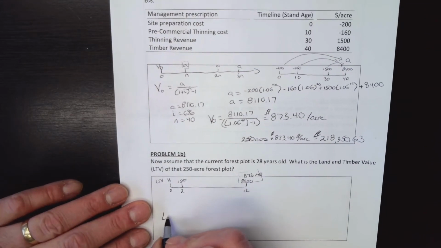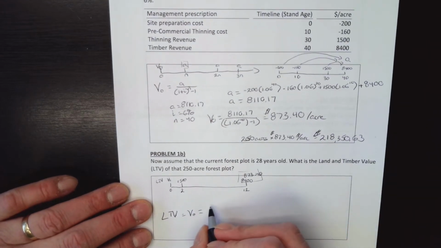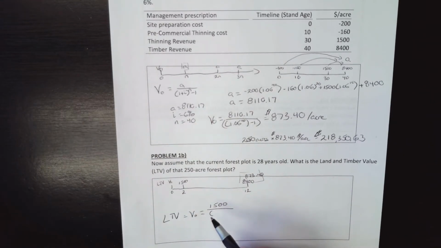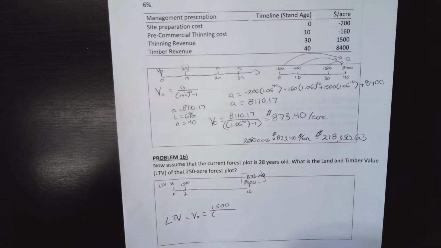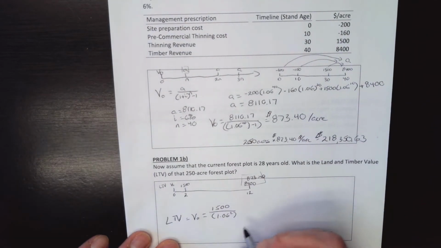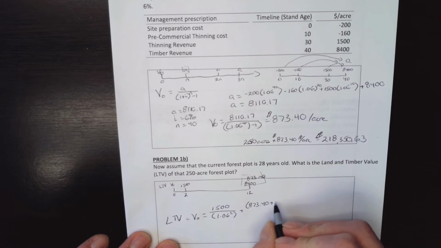So this LTV, or my VO in this case, is going to equal $1,500, and I'm going to discount that. So that's a single sum that I'm going to basically slide that way using discounting, and that's 1.06 to the 2, and I'm going to add to that my 873.40 plus 8,400.